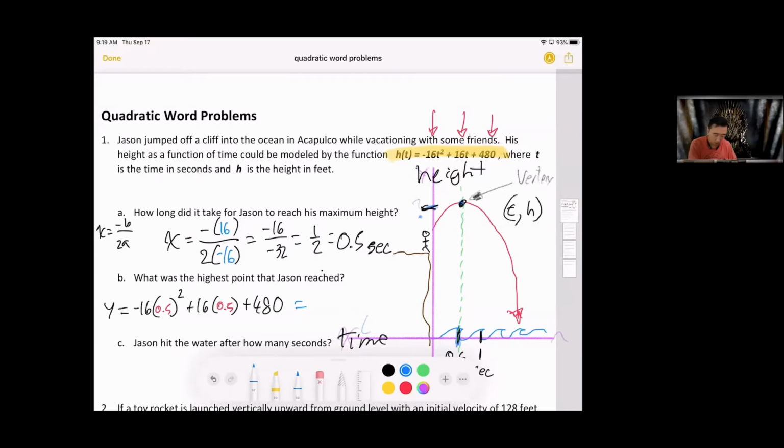So let's check it out here. Negative 16 times 0.25 plus 8 plus 480. Is that right so far? Yeah.